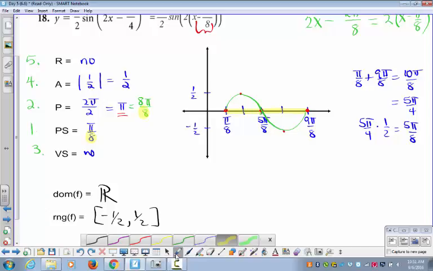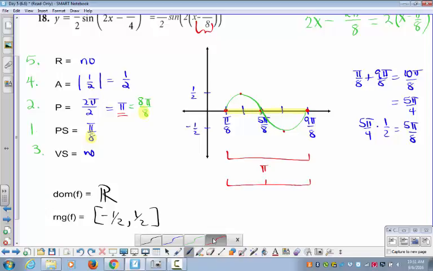Any step? Yeah. So in between pi over 8 and 5 pi over 8, is pi over 4? Great question. So let me remind you that we said that this whole distance here was pi, which if we subdivide it into 4 equal pieces, each subinterval is pi over 4.